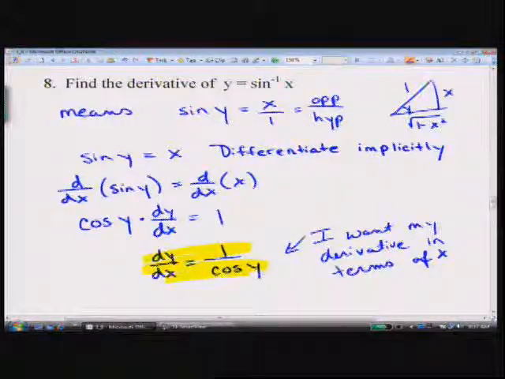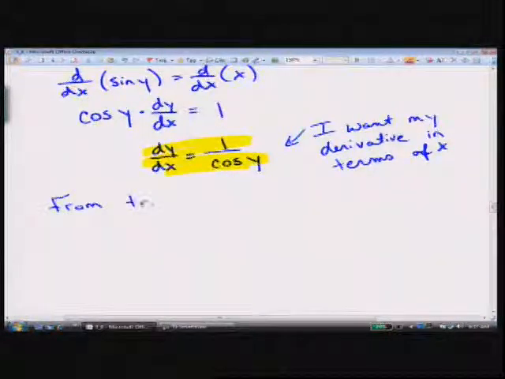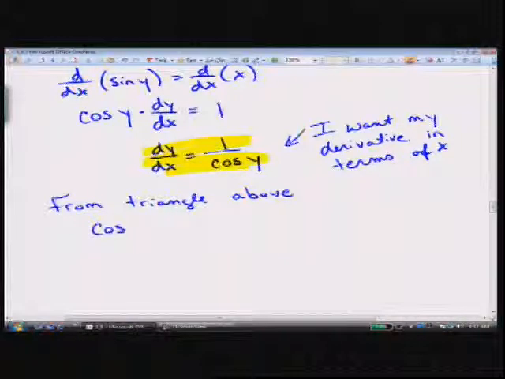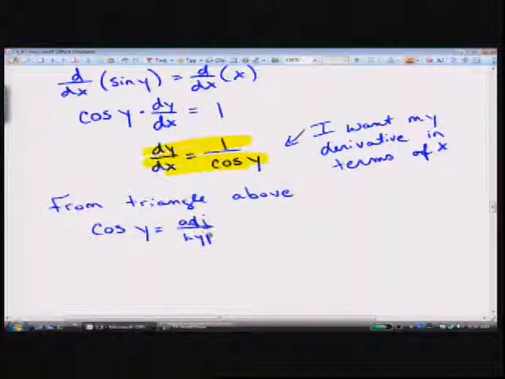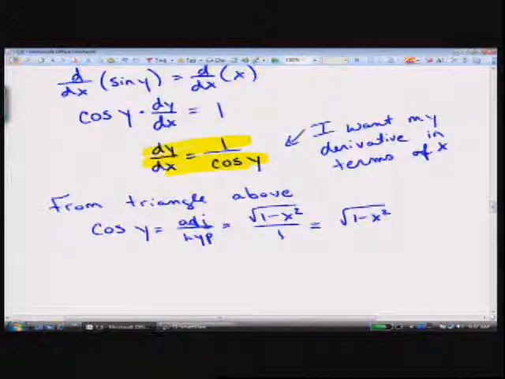So from the triangle above, the cosine of y is equal to the adjacent over the hypotenuse, which is just going to be the square root of 1 minus x squared over 1, which is just the square root of 1 minus x squared.